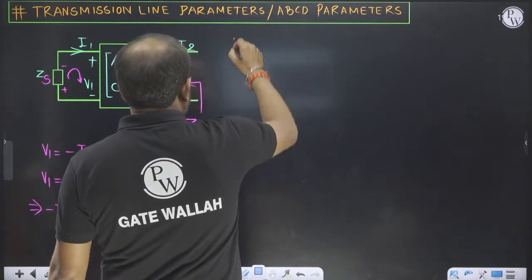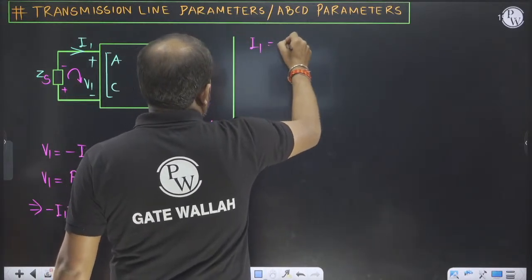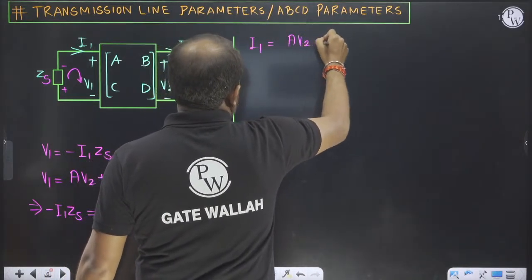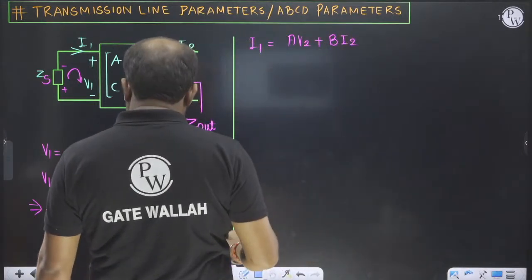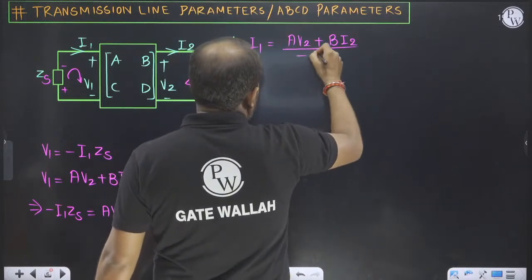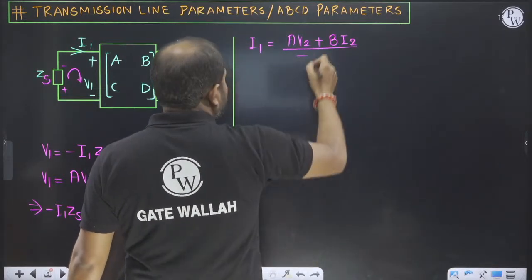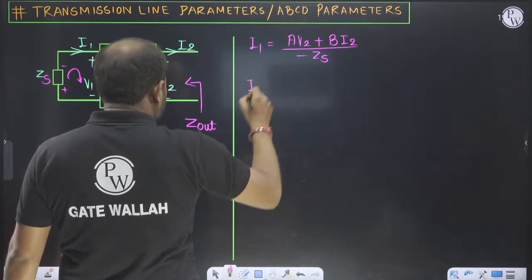We have I1 is equal to... AV2 plus BI2, but Z out will be BI2 divided by minus I1, minus Zs, and I1 is equal to the second equation.